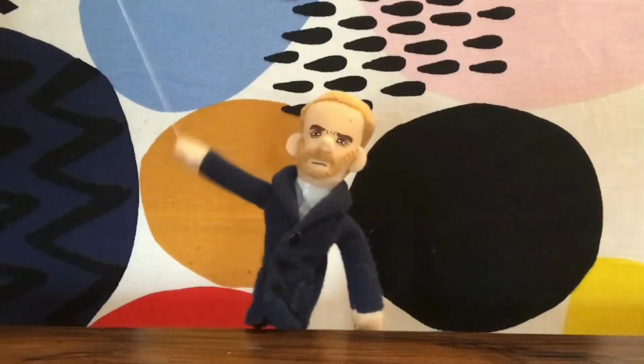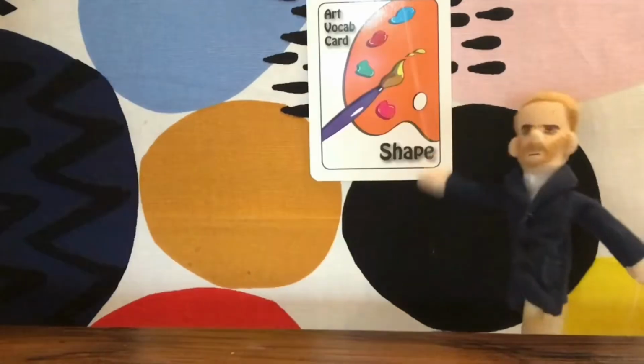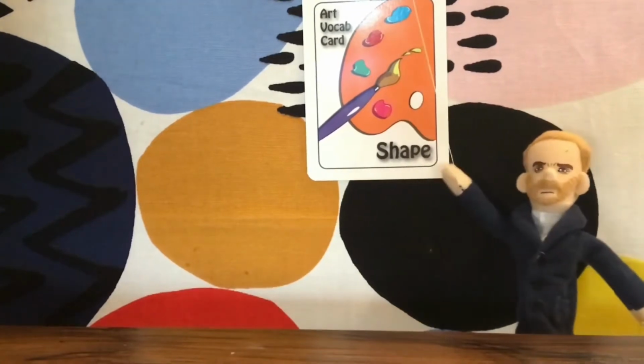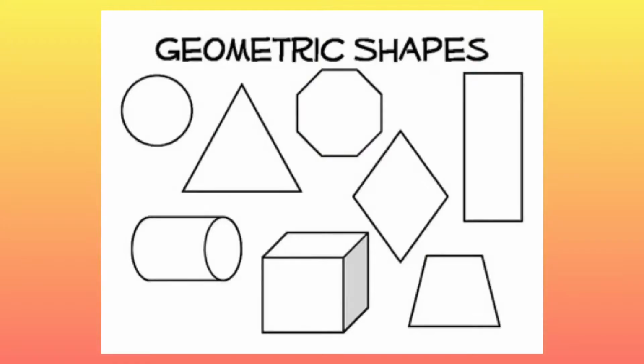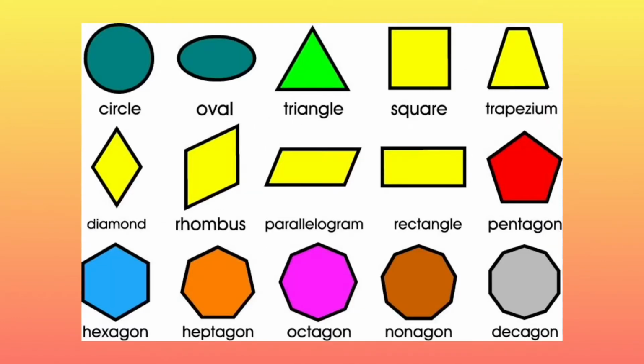Welcome to Vocab with Van Gogh. This week we are revisiting the word shape. We will be looking at geometric shapes. Here are some examples of geometric shapes: circles, triangles, rectangles, squares, parallelograms.